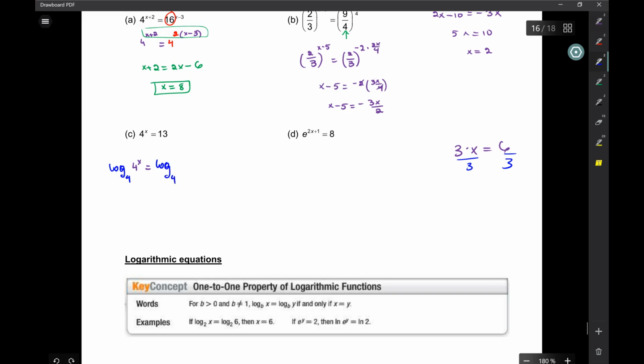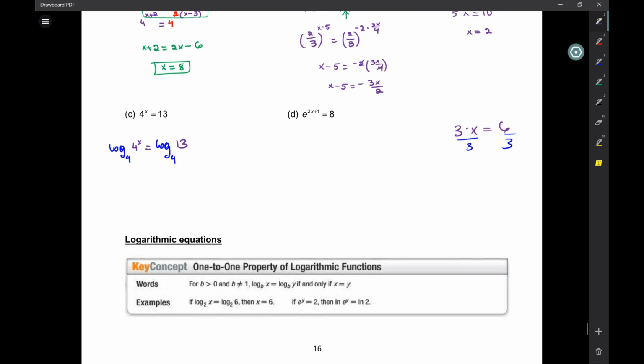13. Well, right, but eventually that's what this is going to turn into. You can. Okay, but we have to know where things came from. So now log base 4, 4 to the x, this is just x equal to log base 4 of 13.